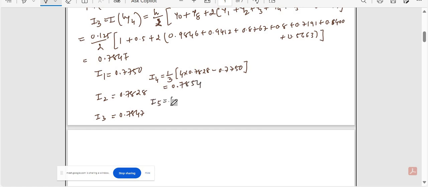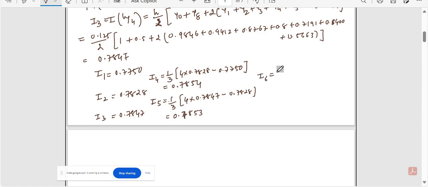Then I5 will be calculated by 1 by 3 times 4 times I3, that means 0.7847 minus 0.7828. So we find 0.7853. Is it, everybody? Did you get it? Yes, sir. Okay. Now I6.